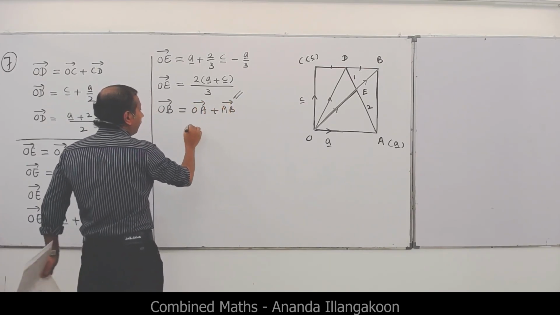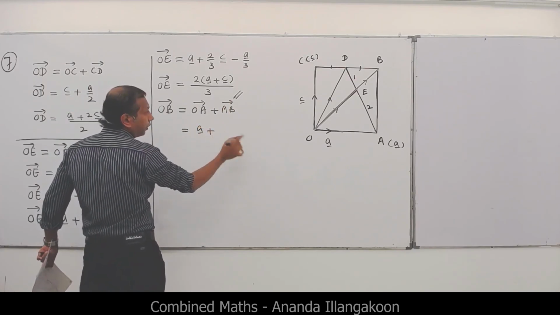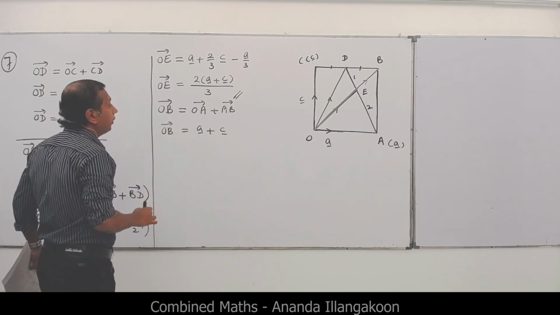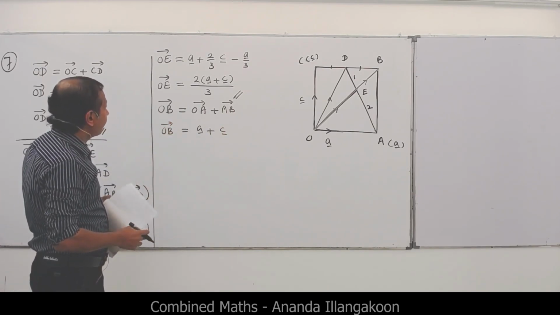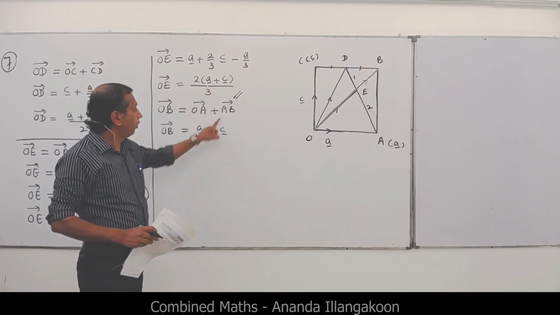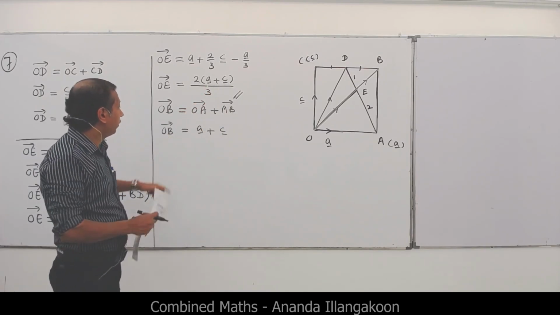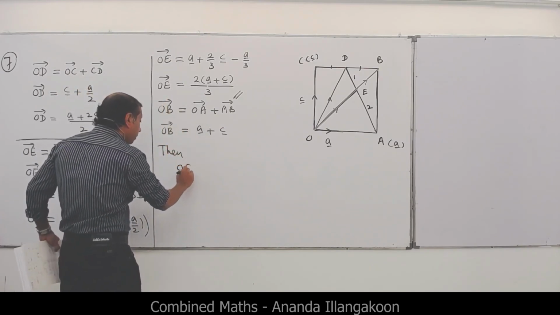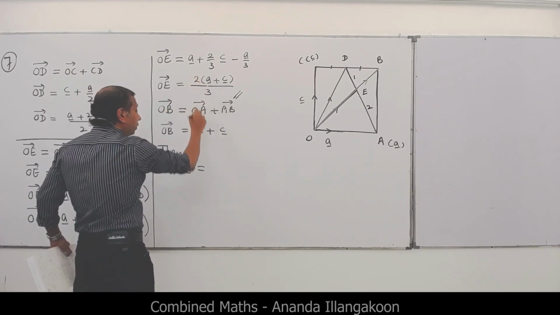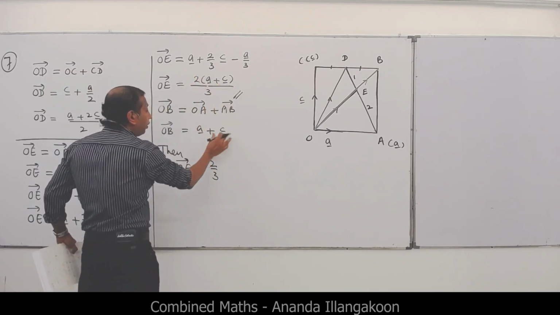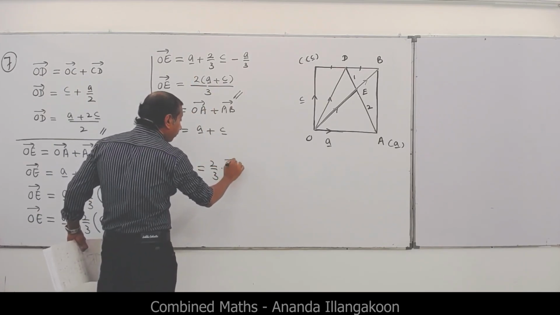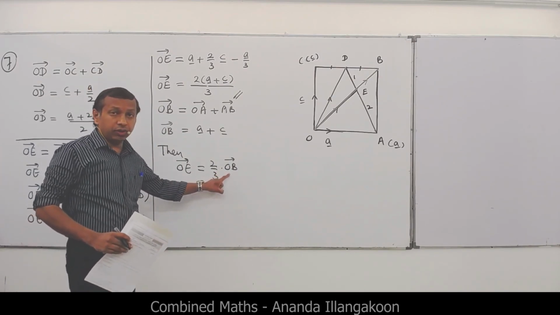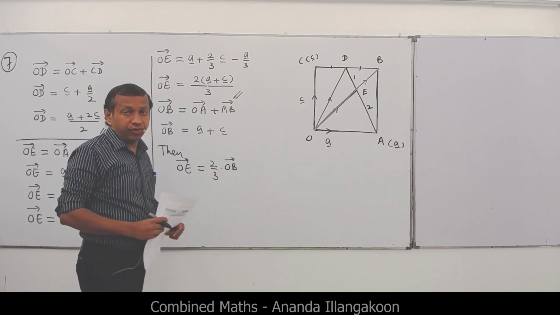OA vector is simple A vector. AB vector is simple C. This is the OB vector. Now you can see, here we have A plus C. For that A plus C we can write OB. Then OE vector is equal to 2/3 of A plus C, which means 2/3 of this OB vector. Now this vector and this vector are proportional. When two vectors are scalar multiples, the corresponding line segments should be parallel.